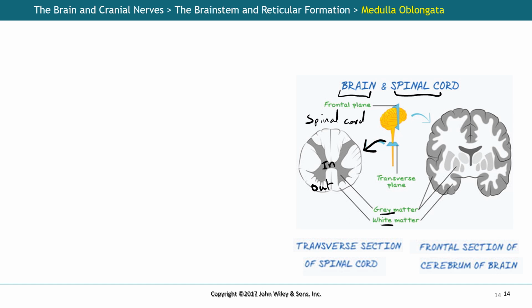And now when we go and study the brain, and here you see they had a frontal plane cut, so here we don't see the brainstem, we don't see the cerebellum, but we see this part of the cerebrum. But it's the same idea in the brain, so you find the gray matter out, so it's the opposite, and the white matter in. So they switch.